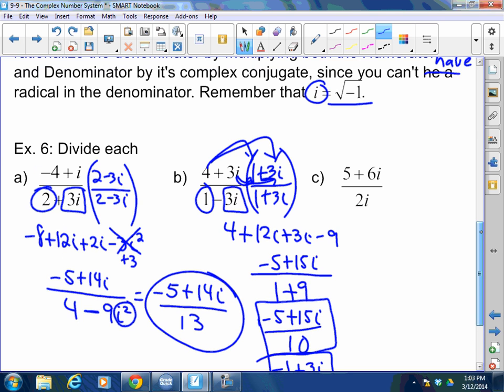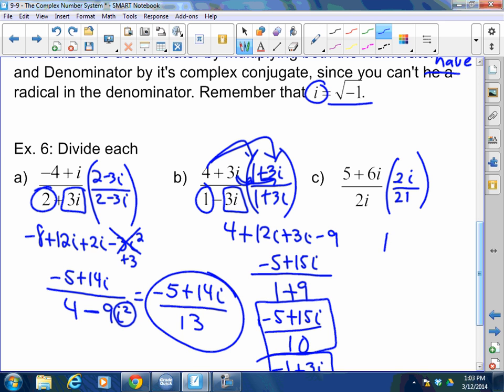Now here, I have 5 plus 6i over 2i. I didn't want to not show you how to do this one. What's the conjugate of that? Just 2i, not negative. Just straight up 2i. Just like if I had 5 over square root of 3, you multiply by square root of 3 top and bottom, right? Same thing.